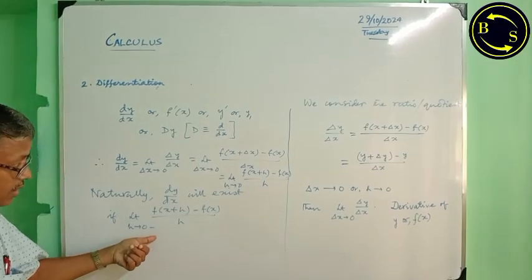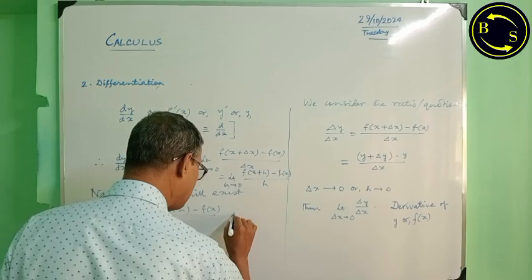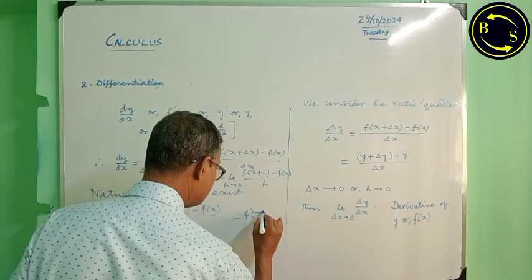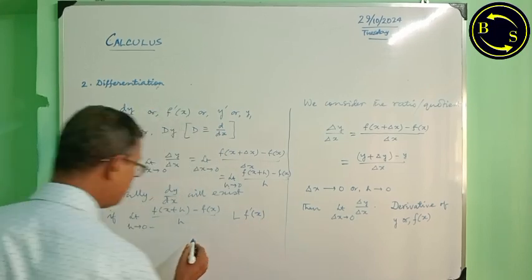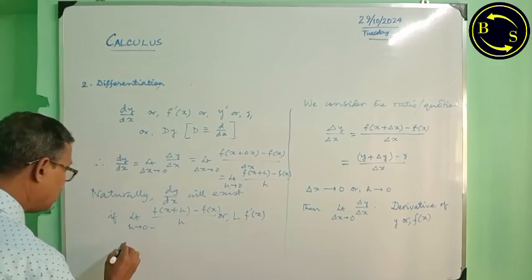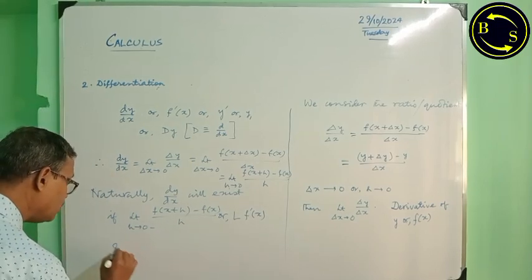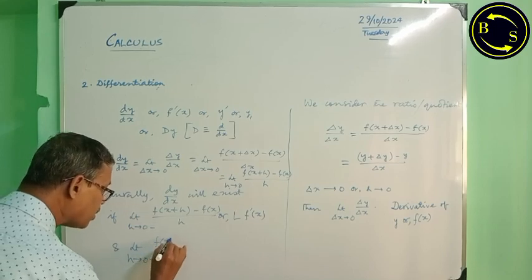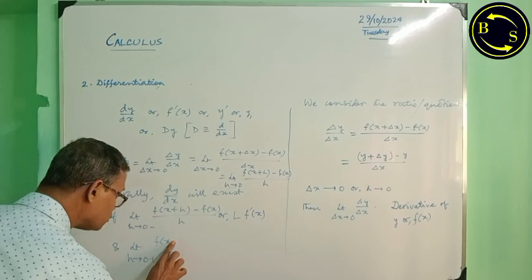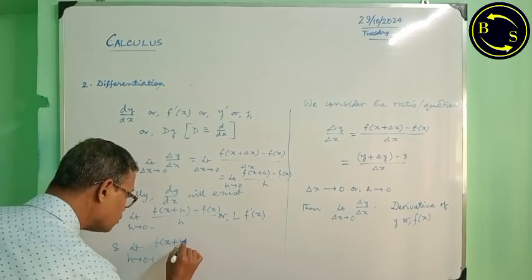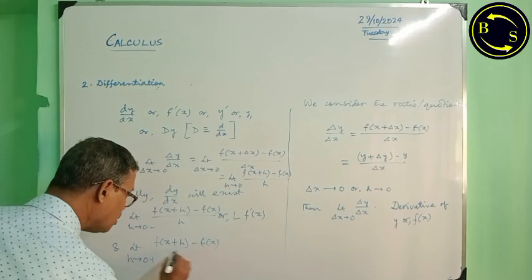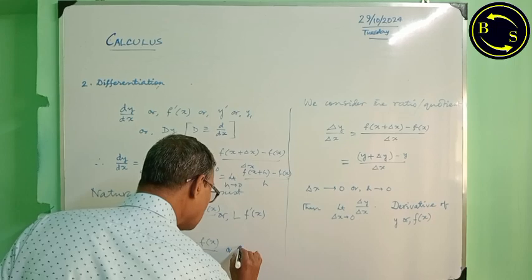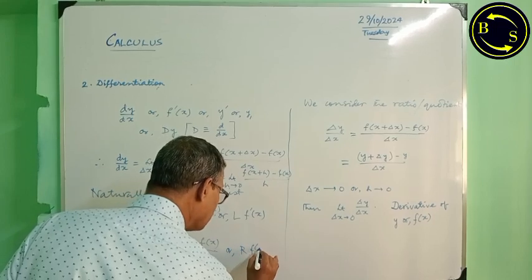This is the left hand limit and this is represented by L f dash x, left hand derivative. If this and limit h tends to 0 plus f of x plus h minus f(x) by h, which is the right hand derivative denoted by the symbol R f dash x.